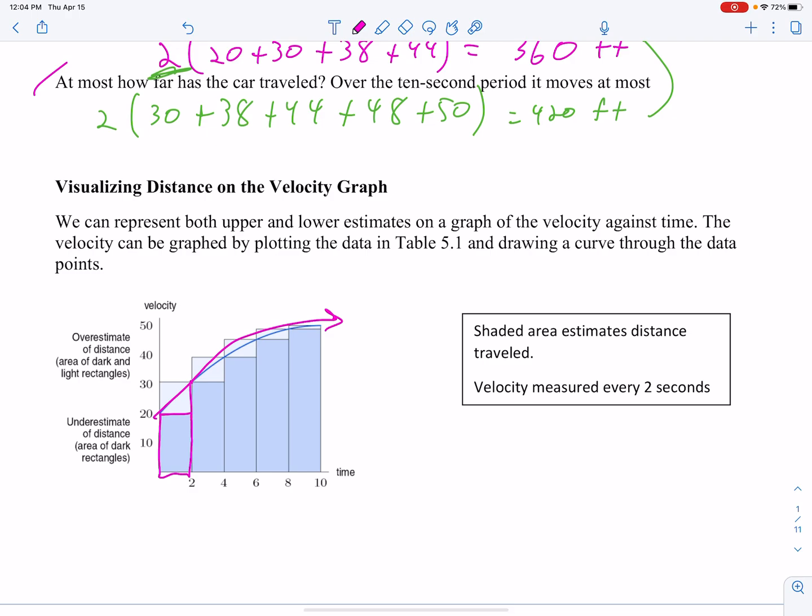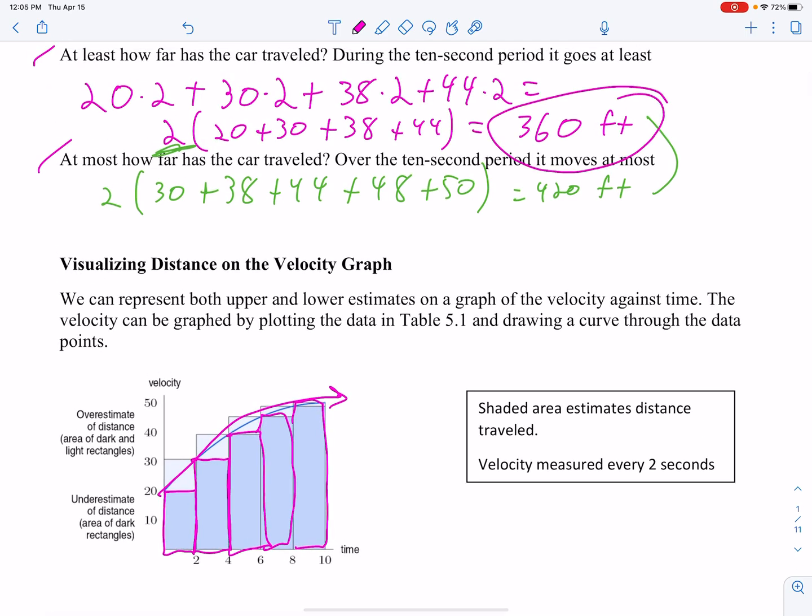What we're going to calculate is the area of each of these rectangles and add all those areas up, and you'll see we get the same answers. It's pretty cool stuff. This is going to lead us into those integrals.